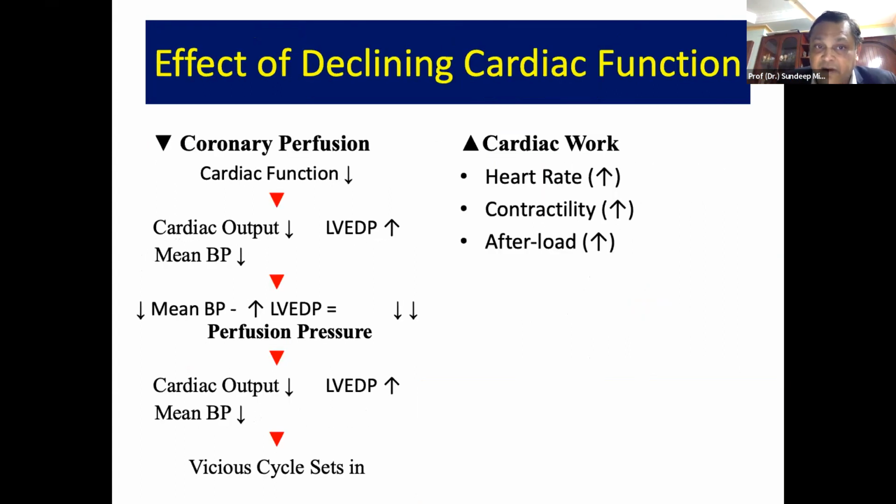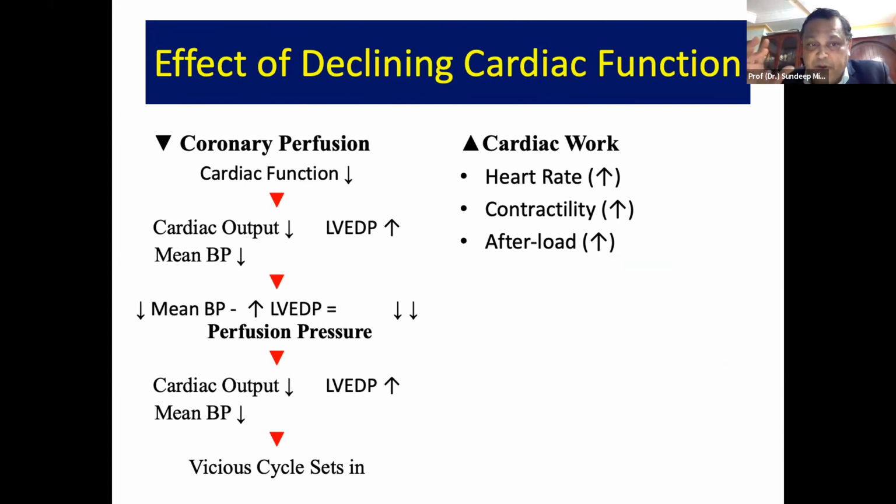And the third thing is that once coronary perfusion falls, cardiac function also drops. And when cardiac function drops, there is a further decrease in coronary perfusion pressure, and then a vicious cycle sets in. So whenever we are faced with cardiogenic shock, we have to look at two things.